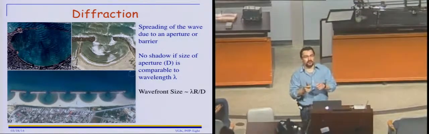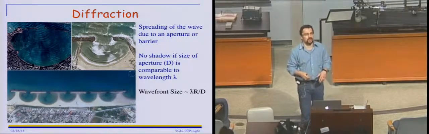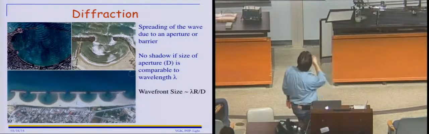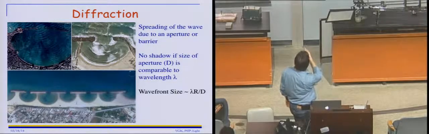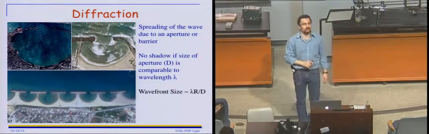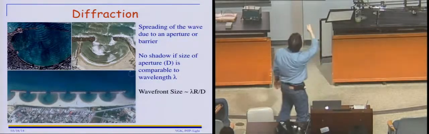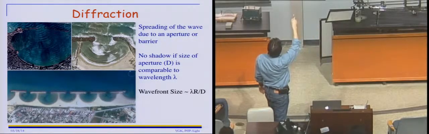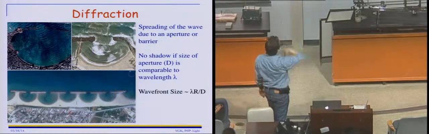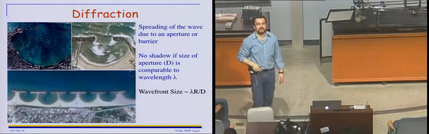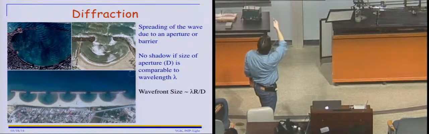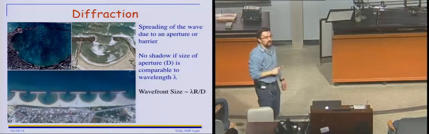When the aperture is roughly of the same size as the wavelength of the wave, you see a spread in the angle of the waveform. The waves that initially come at this aperture, let's say in the perpendicular direction, appear to spread out and produce circular wavefronts.